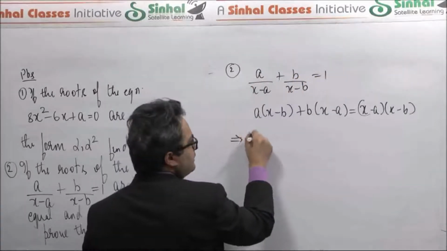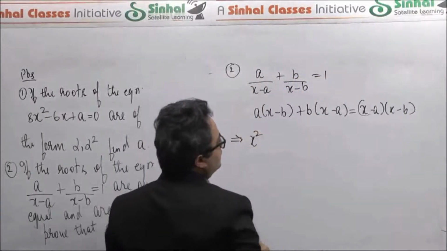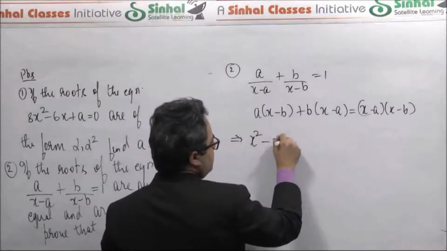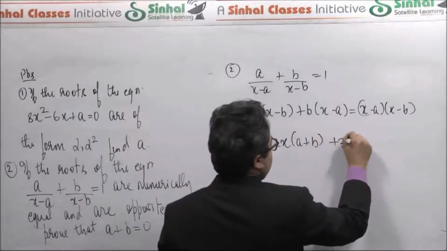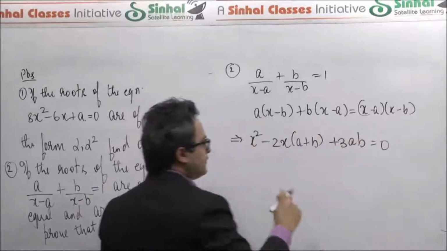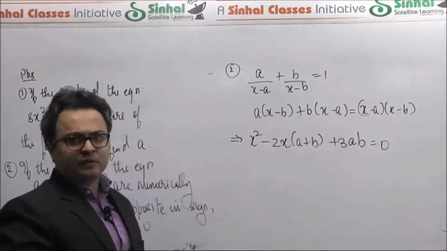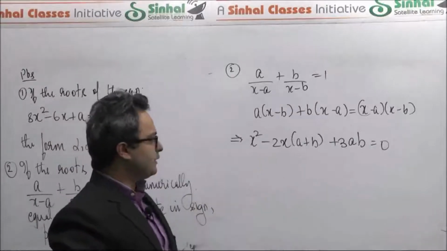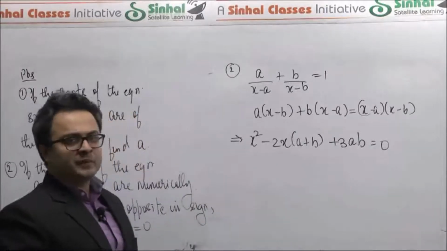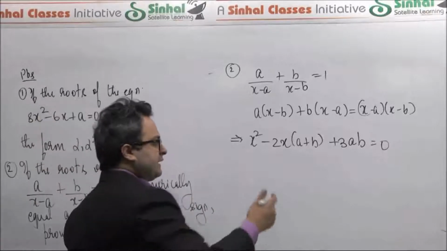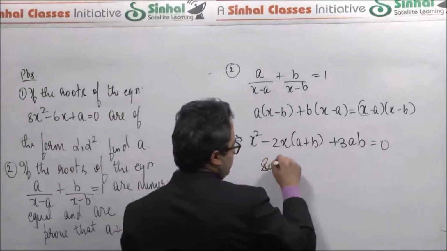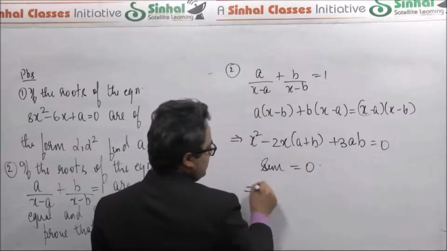Rearrange terms. If you get all the terms to one side, you get this particular equation. Now again, what we know is that the roots are negatives of each other. But if the roots are negatives of each other, the sum of the roots must be 0.